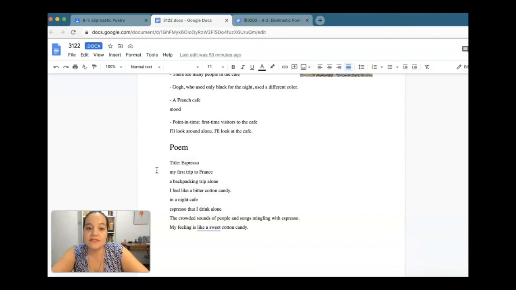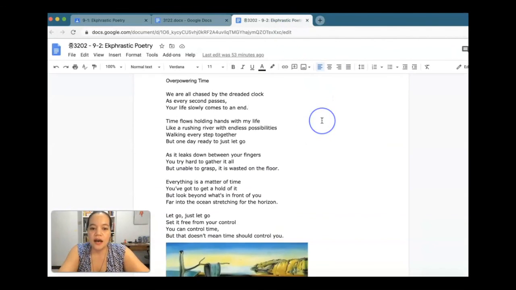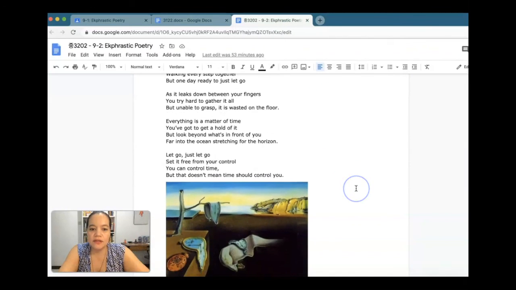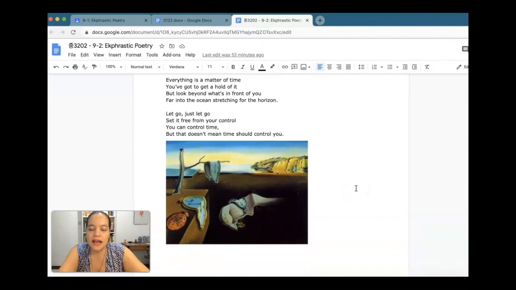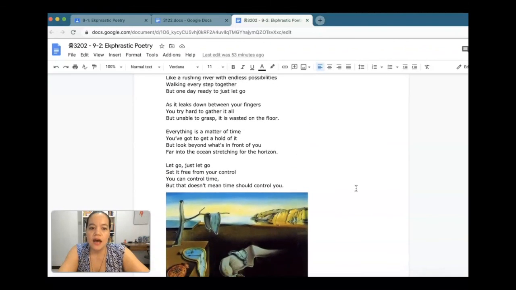So, short and sweet poem, but all things take time. So it's fine if it takes them a whole period to finish a poem. I have another example of a poem that a different group wrote. This one is about the Dali painting here. And as requested, this group included the link for where they found the painting.